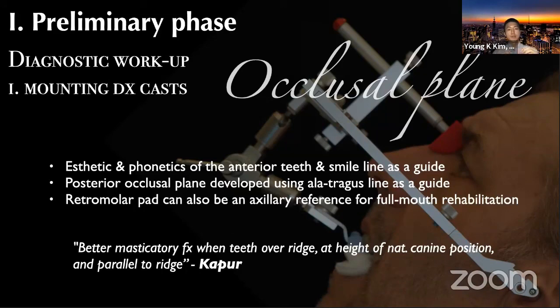And the posterior occlusal plane is developed by the tragus Camper's line, or sometimes you can utilize the retromolar pad area if you don't have any reference to start with. And remember the ridge parallelism and all those concepts. They can also be auxiliary references to decide our occlusal plane.